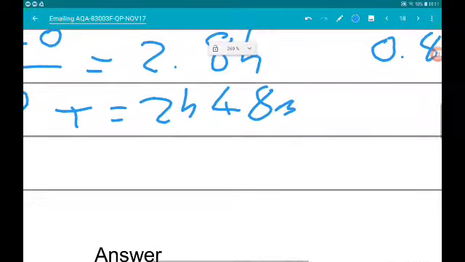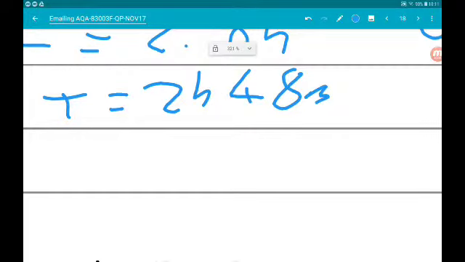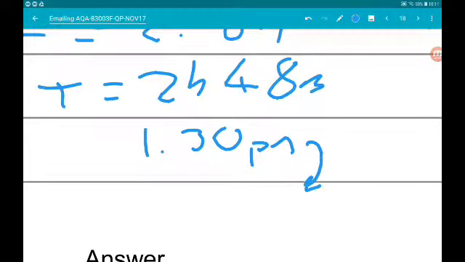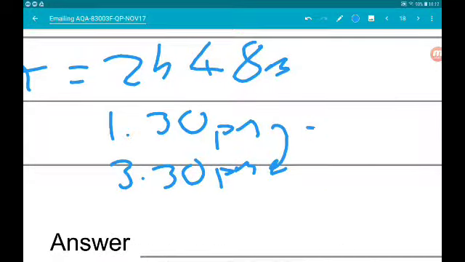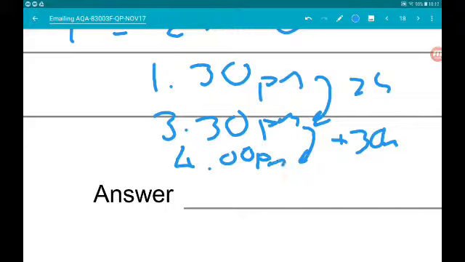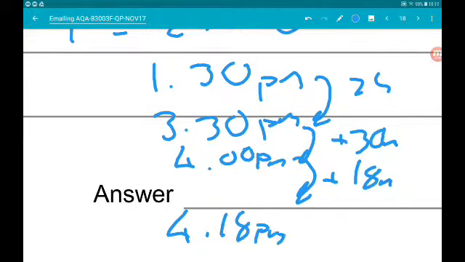So we need to go from 1:30 p.m. Now let's go 2 hours on from that. So that's going to give us 3:30 p.m. Now that's 2 hours. Let's go 30 minutes on from that. That's going to give us 4 p.m. And then we got another 18 minutes. So that gives us 4:18 p.m.